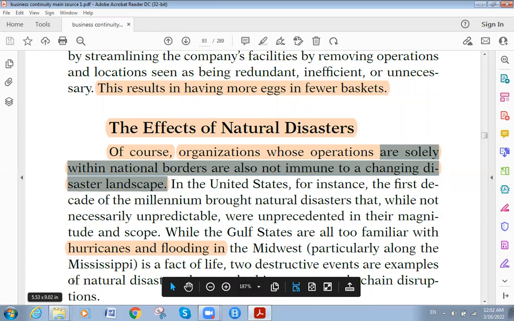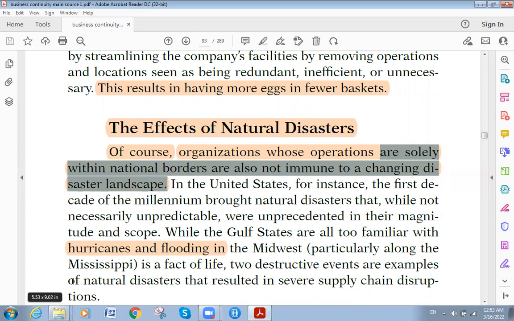So the disasters are everywhere. If the disaster did not affect me directly, it would affect me indirectly as well. This is why I have to assess the risk.